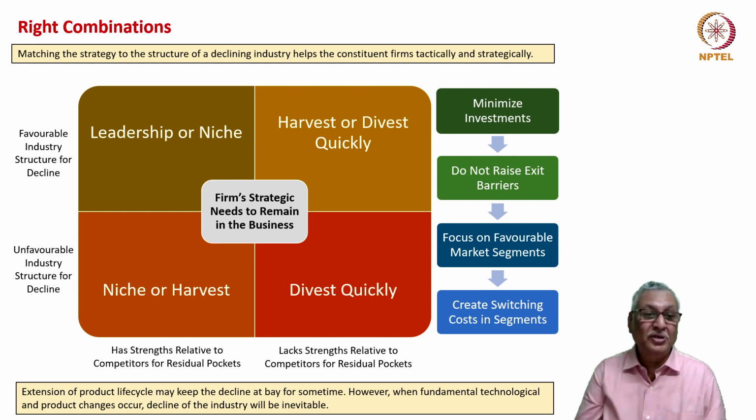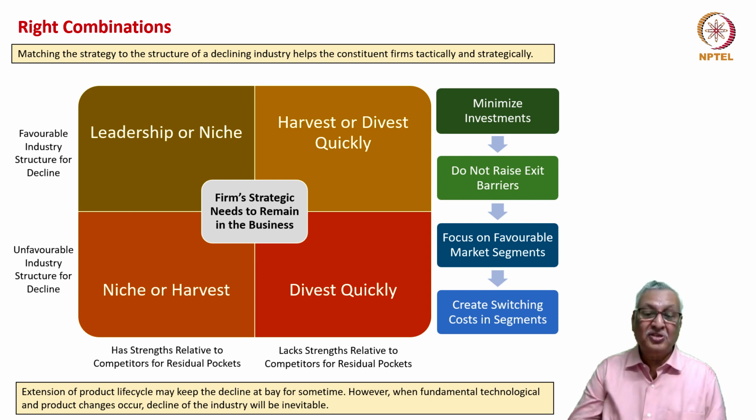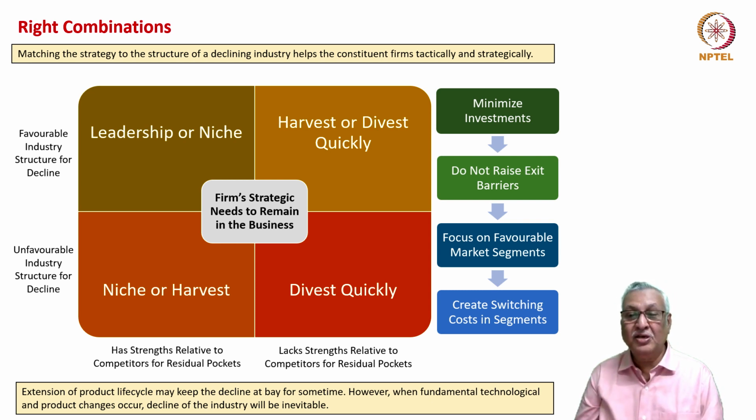Suppose there is some hope in the industry and there are strengths relative to others, the company should try to get leadership or niche position. Suppose the company has got strengths relative to competitors, but the structure itself is bound to deteriorate and decline. You should try for a niche position in select residual modules or harvest. If the company has no strengths relative to competitors in those residual pockets and the industry structure is also quite unfavorable, you should divest quickly before the going goes pretty bad.